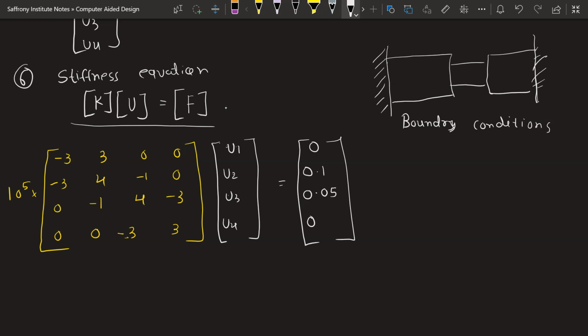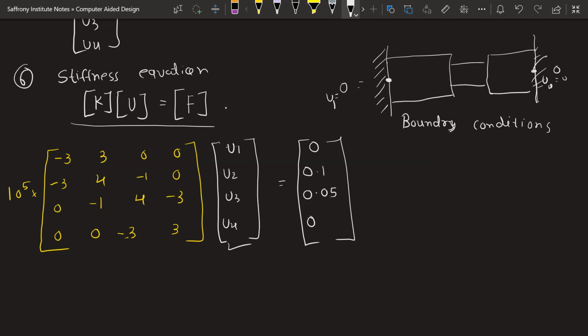This is the fixed end. Now if you talk about this point's displacement, how much will it be? It will be 0, and this point's displacement will also be 0, right? Why? Because it is already a fixed end. So we will replace U1 and U4 with 0 in this matrix.